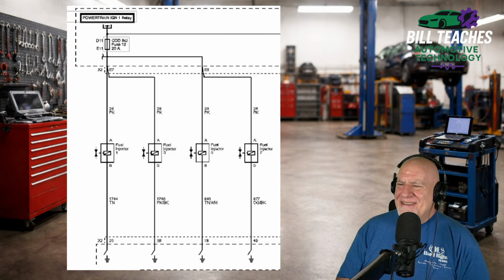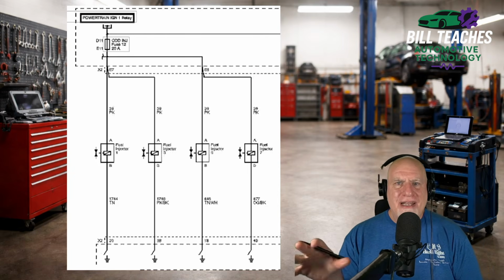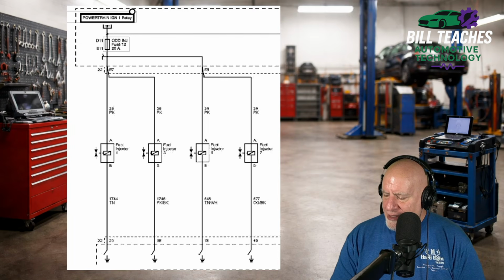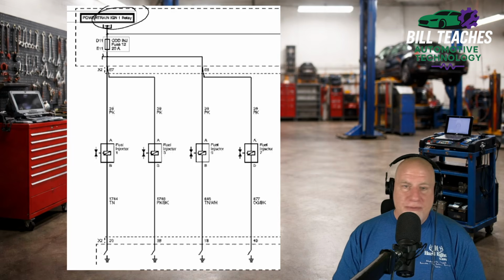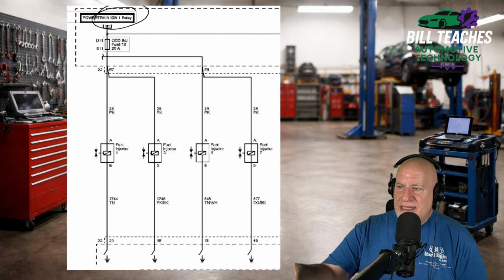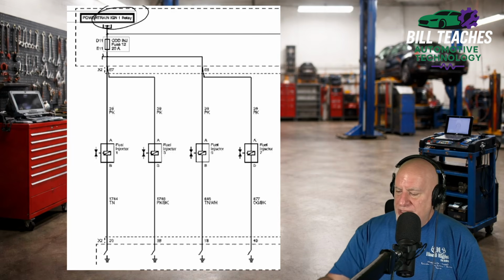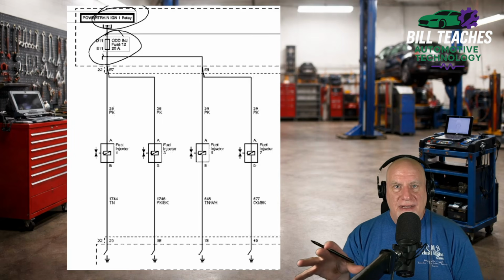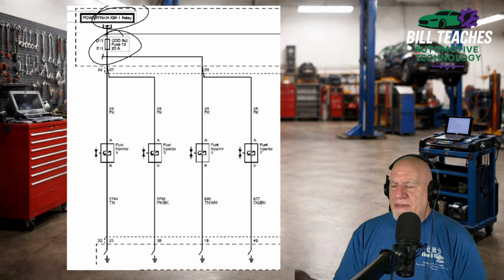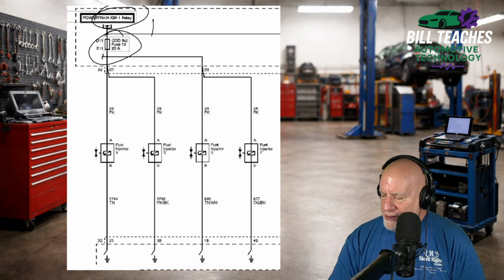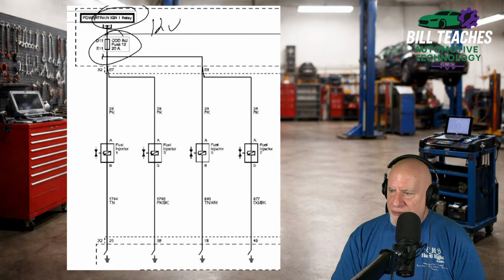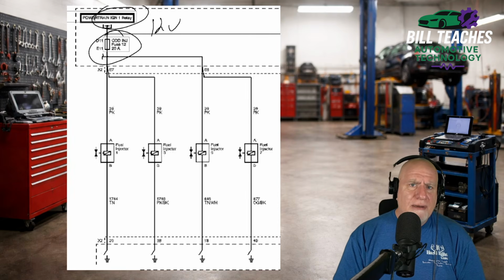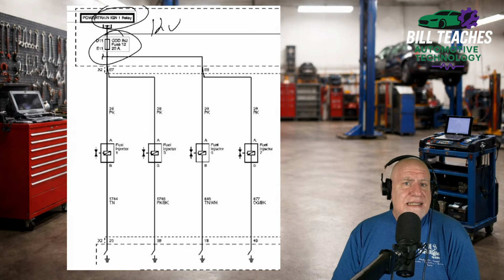All right, so in a normal operating circuit, as long as the injector 1 relay up here at the top, which we're not seeing, but we can see that it's what's sending power to this fuse, is active, as long as it's turned on, then we're sending 12 volts through this fuse to our fuel injector. And you could get a multimeter or even a test light in this case.